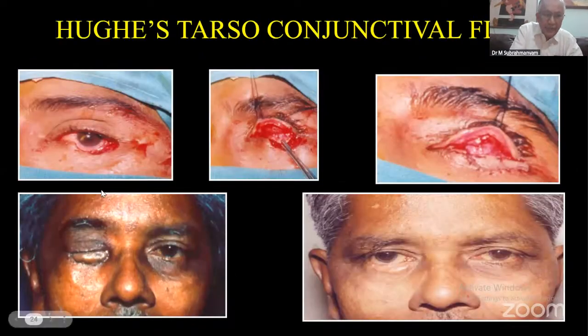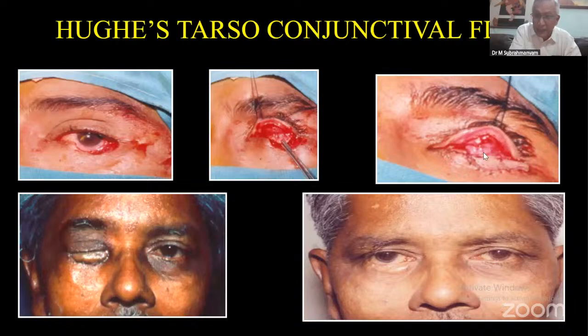So here is the patient with a big coloboma, more than 2/3. So an incision is made 4 millimeters and parallel to the lid margin. Vertical cuts are given, and the tarsus has been mobilized downwards along with the LPS and along with the Muller's. And then it has been anchored down, to which the inferior retractors are attached.